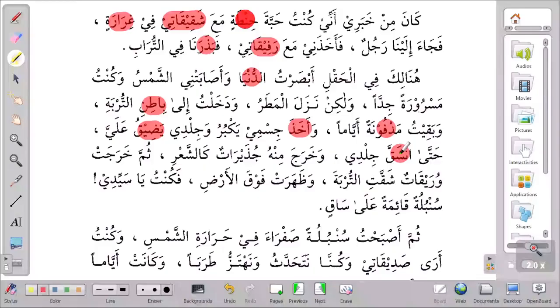So hatta inshaqqa jildi, until my skin split open. Wa kharaja minhu juzayrat, and juzayrat came out from it. So after his skin split open, juzayrat appeared or came out from the skin.